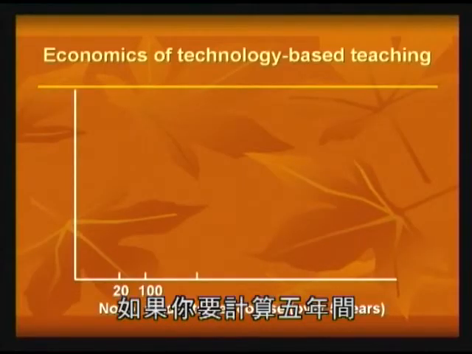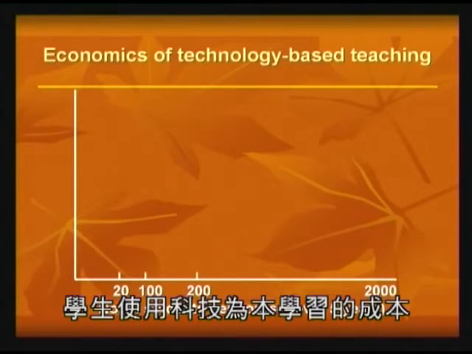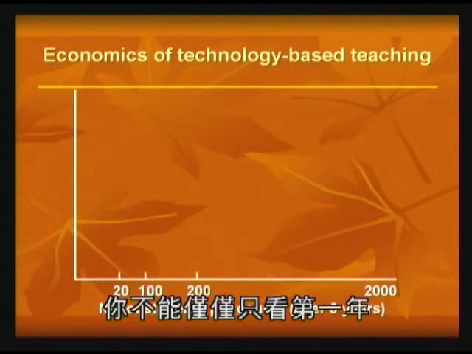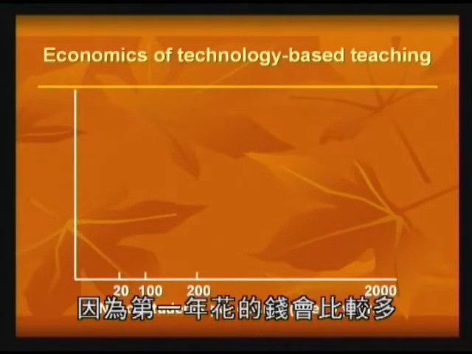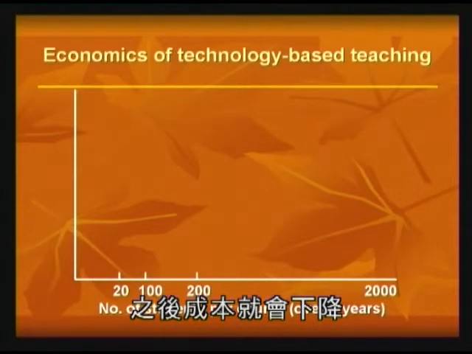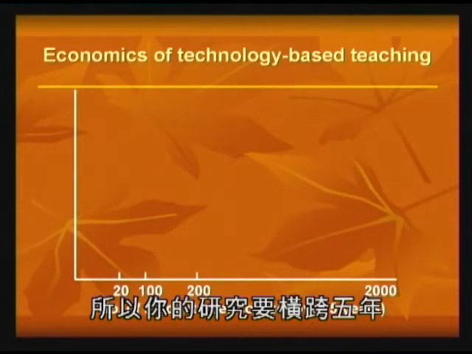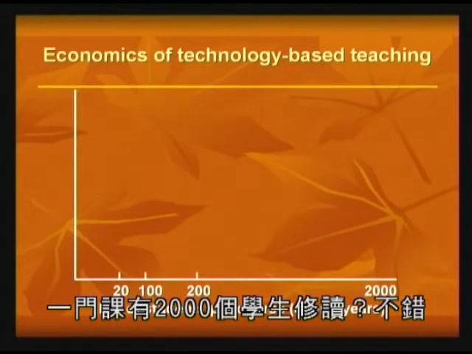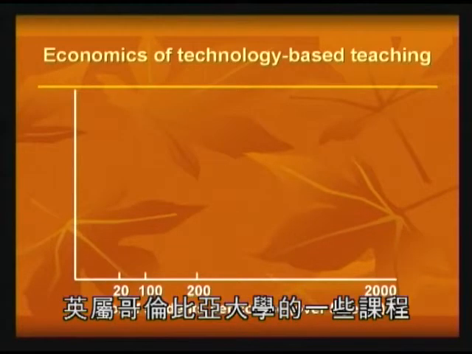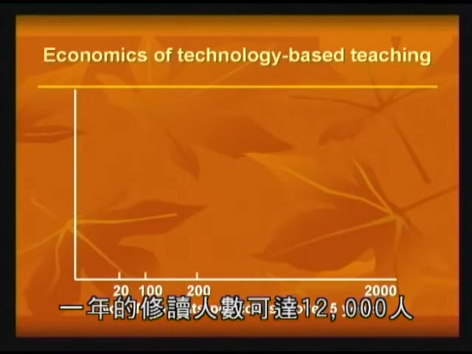Now, if we think of the number of students in a course over 5 years, and again, with technology-based teaching, it's really important not to just look at the first year, because you spend more money in the first year creating the course, but maybe less in delivering it. So you have to look over a 5-year period. Now, 2,000 students in one course, well, yes, we have at UBC 1,200 students in 1 year in some courses.